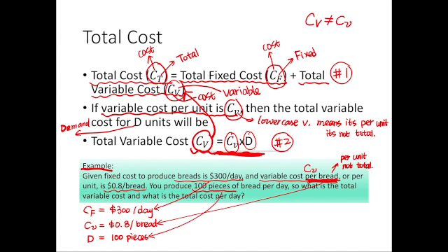Okay, what's the question? What is the total variable cost? And what is the total cost? So we got two questions. Question number 1, what is C capital V? Okay, the total variable cost.